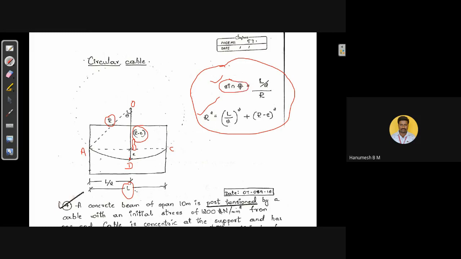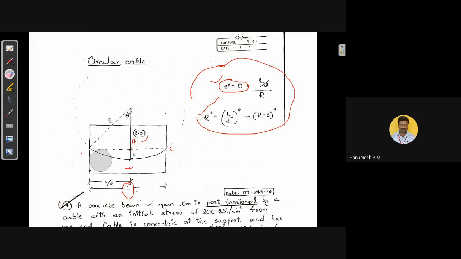Once the inclination is known, we can substitute the theta and alpha values in the friction equation, so that frictional losses due to the circular cable profile can be easily found. That is about the introduction part. For the parabolic cable and the linearly bent cable, we have seen in the previous class. This was only about the circular cable. So these are the basic concepts.